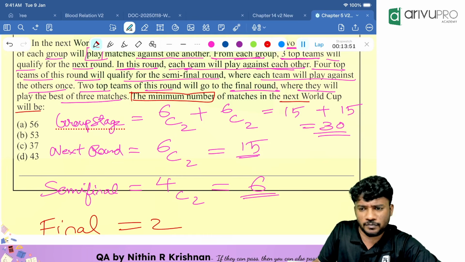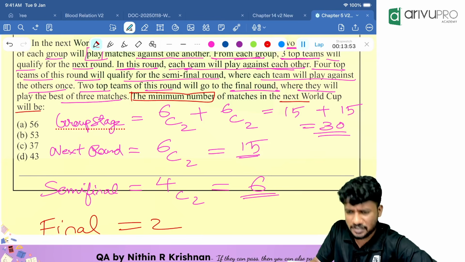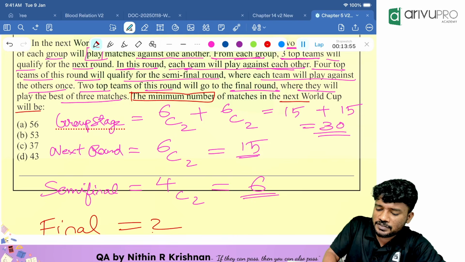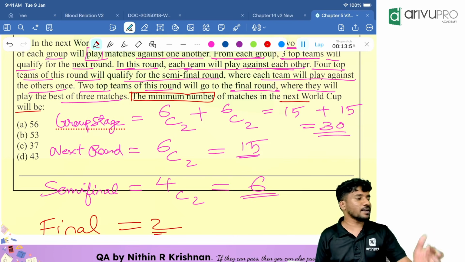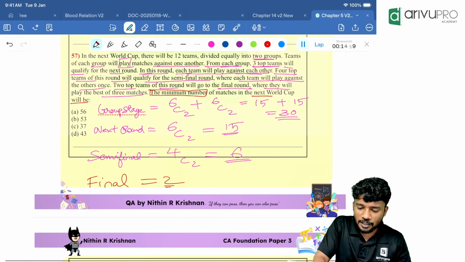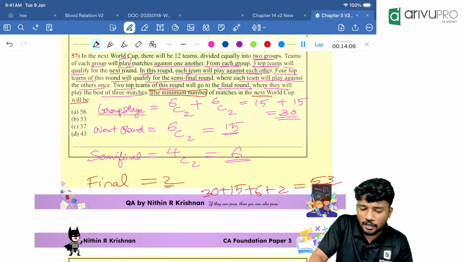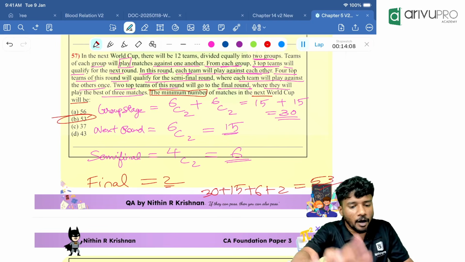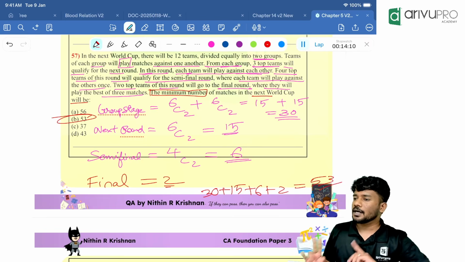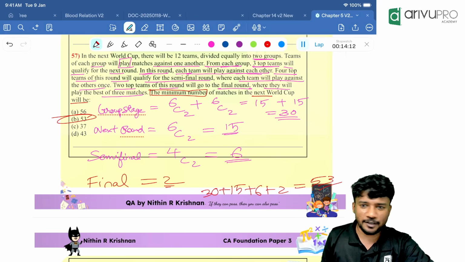Otherwise, we would have gone with the normal way itself. Since the question says minimum, 2 matches will only happen in the final. Now, in total, 30 plus 15 plus 6 plus 2 equals 53 matches. Option B is your answer. I hope you got it. Very good question, right? Very logical question.